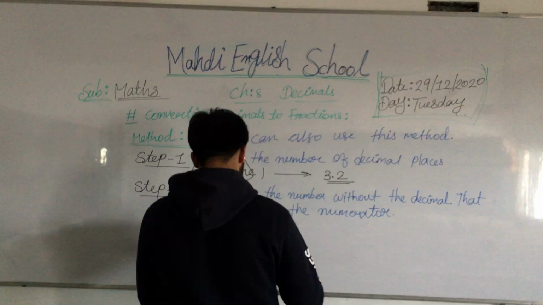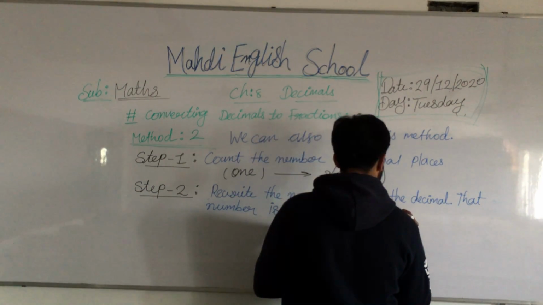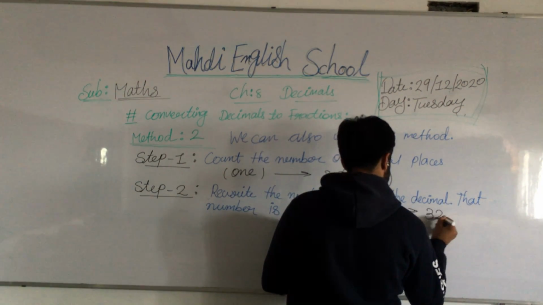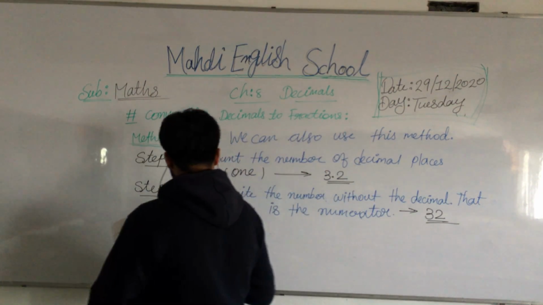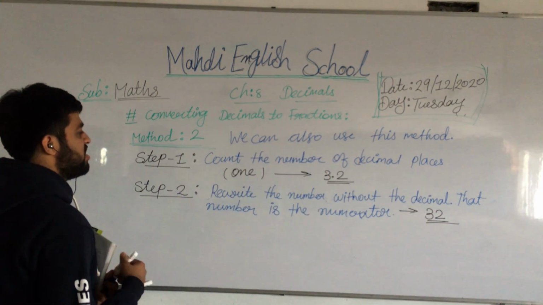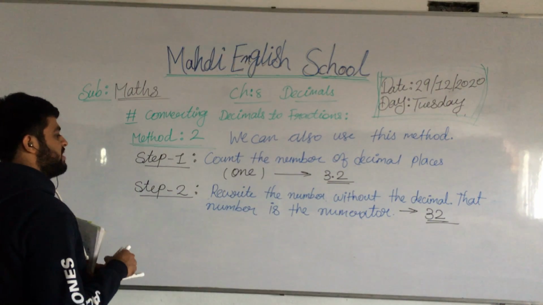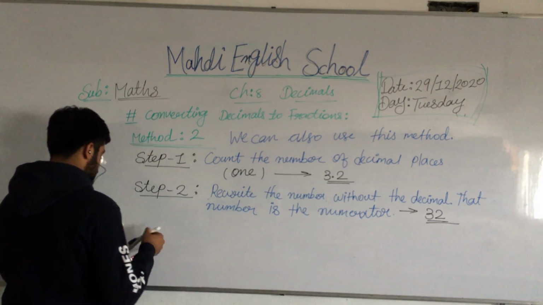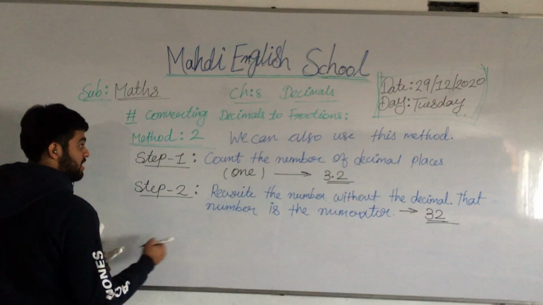Okay, the example is what, my dear students? Step number 2: rewrite the number without the decimal. That number is the numerator. Now move on to step number 3.